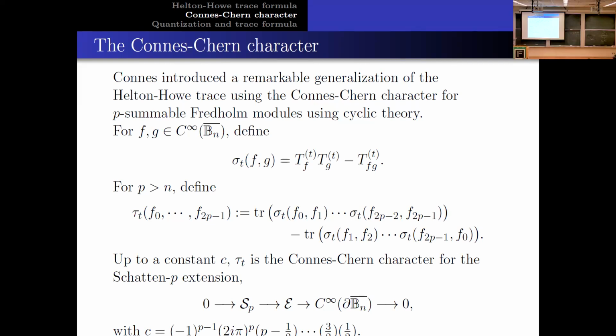And then all the numbers and even the homotopy property can be developed under those restrictions. Okay, so that's the Connes chain character formula for p-summable Helton-Howe modules.